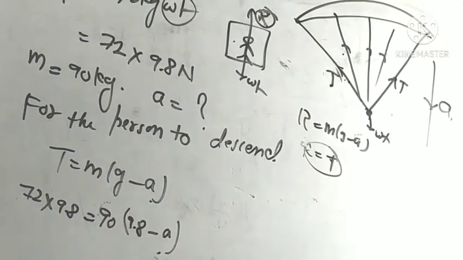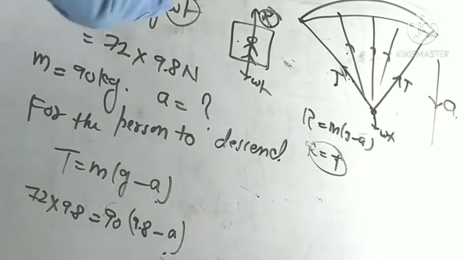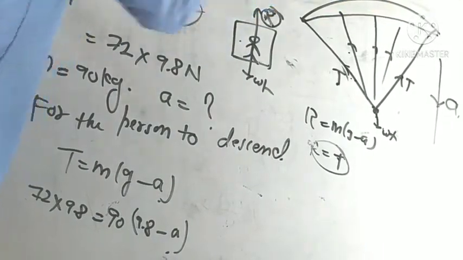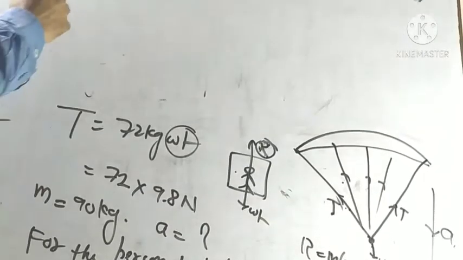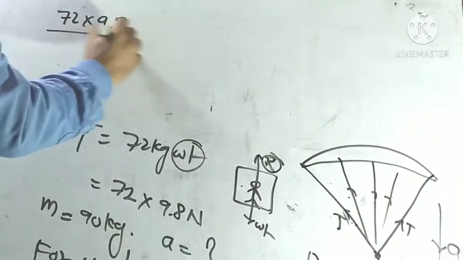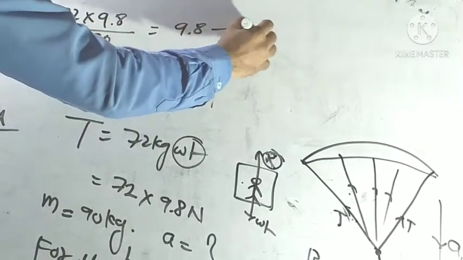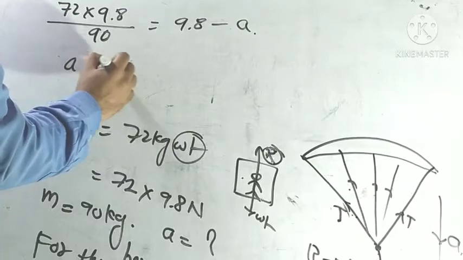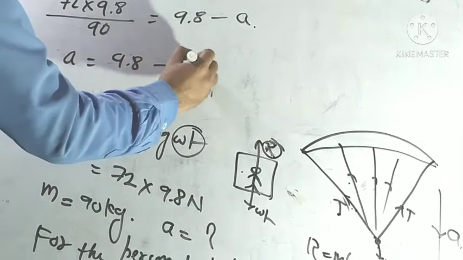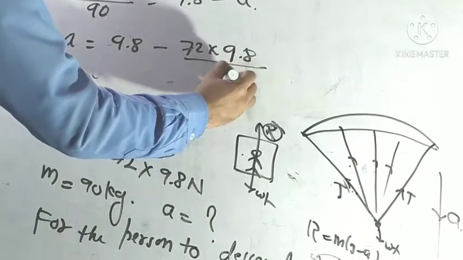Now we solve it. 72 into 9.8 upon 90 is equal to 9.8 minus a. Finally a is equal to 9.8 minus 72 into 9.8 upon 90.